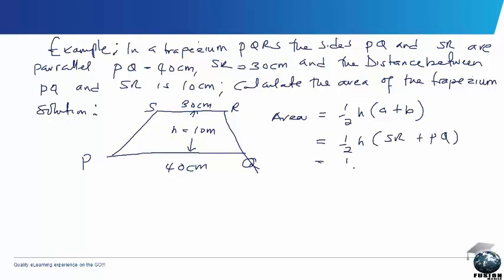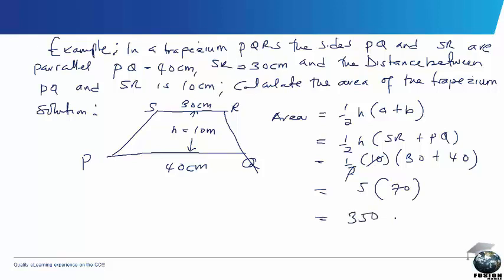The height is 10, XR is 30 plus PQ 40, so half of 10 is 5, 30 plus 40 gives you 70, and 5 times 70 is 350. Since they're in centimeters, area is always in centimeter square.